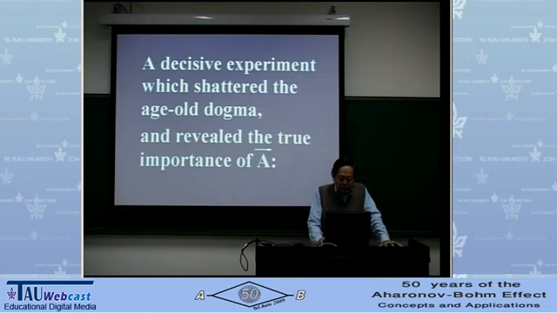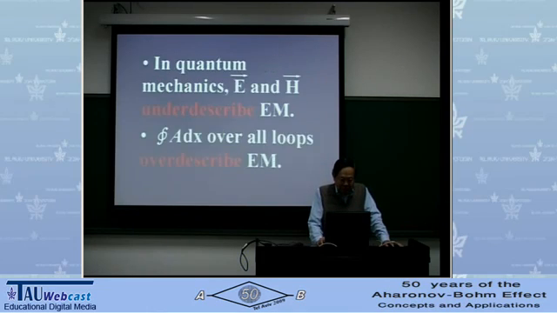That experiment was a decisive one which shattered the age-old dogma and revealed the true importance of the vector potential. And that is that in quantum mechanics, E and H under-describe electromagnetism. Only knowing E and H is not enough. Even when E and H are both 0, there is still possible electromagnetic effect.